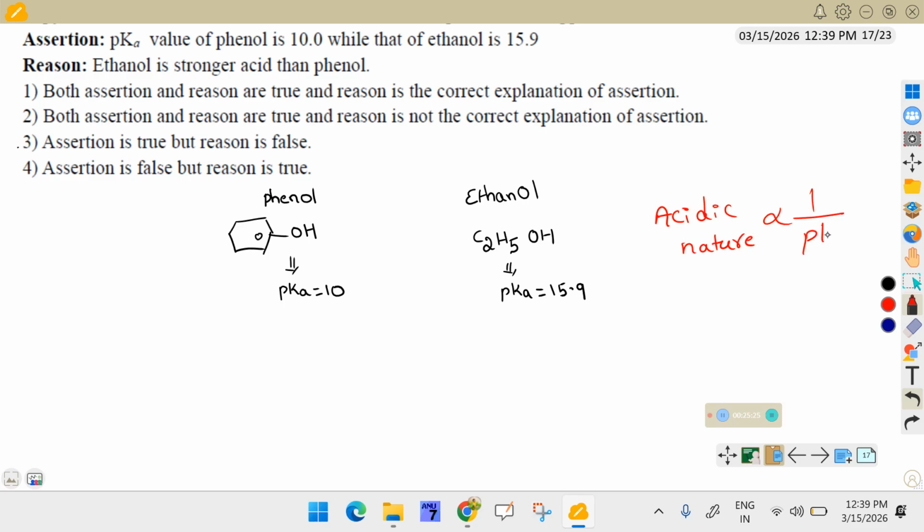Ethanol is a stronger acid than phenol, so the assertion is true but the reason is wrong. Which is the stronger acid? Phenol is a stronger acid than ethanol based on the pKa value. So the third option is the correct option.